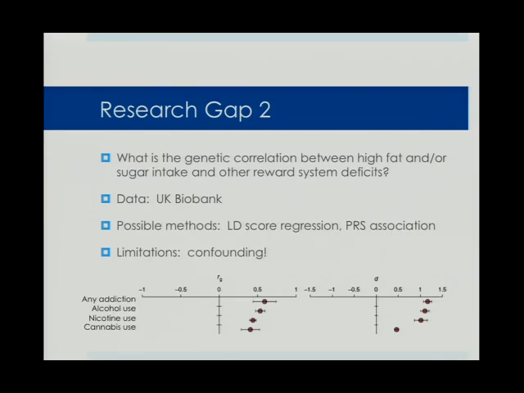In terms of asking the question about food intake and its potential genetic overlap with various reward deficits, I think that BMI is a better marker to use because we know that it's more centrally regulated versus some of the fat distribution outcomes.